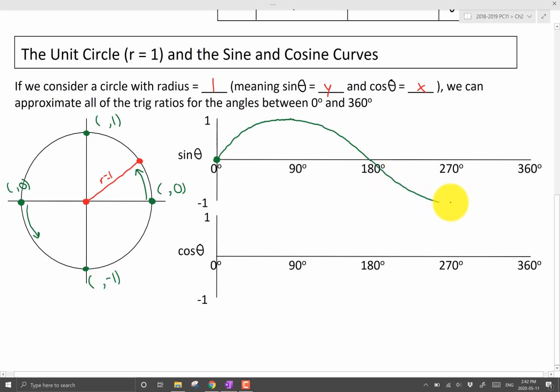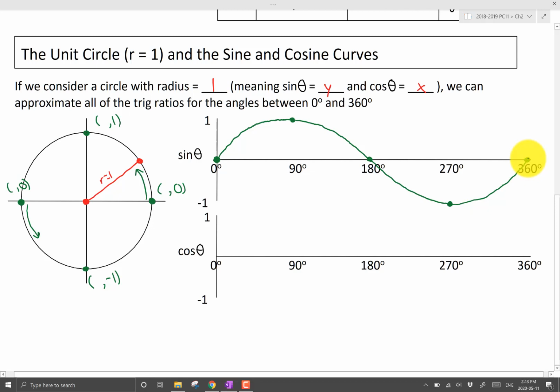And if you follow that logic all the way back, at 360 degrees it comes back up to 0. This is called the sine curve, and it approximates the sine ratio for all angles. So we know that the sine ratio at 90 degrees is 1, at 180 is 0, at 270 is -1, and at 360 is 0. That's kind of cool. So that's your sine curve.